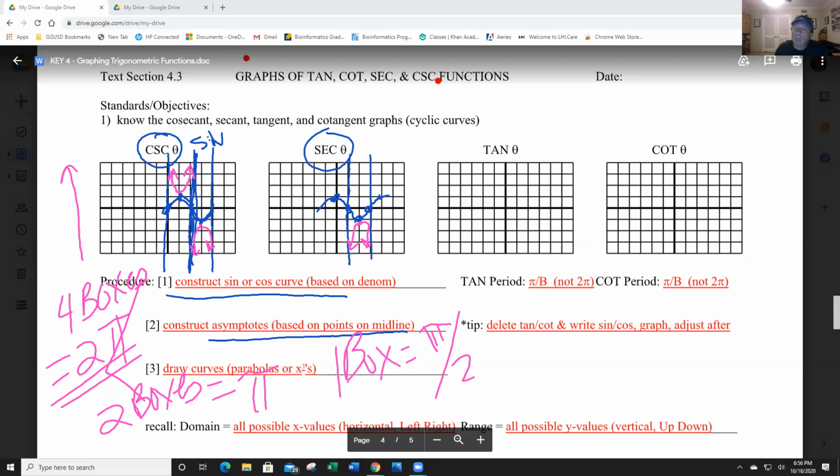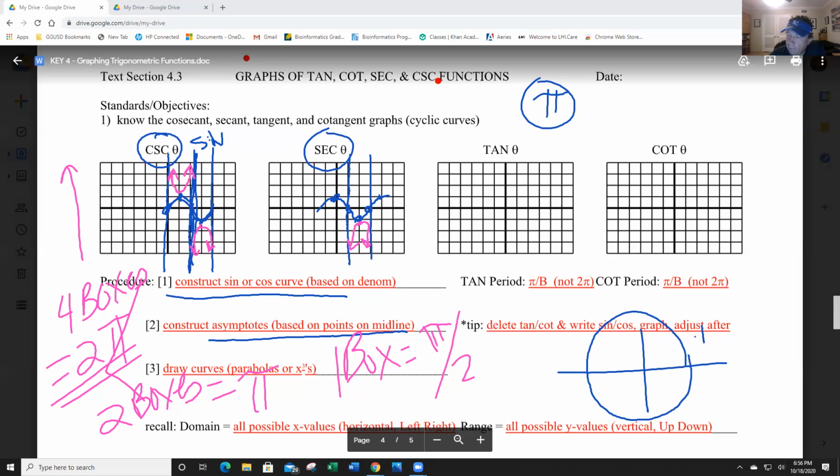Okay? Now, tangent has a different period involved. Tangent's period is pi. The reason for that is, and I'm going to draw it right here, the unit circle. If you remember, tangent repeats itself every 180 degrees.